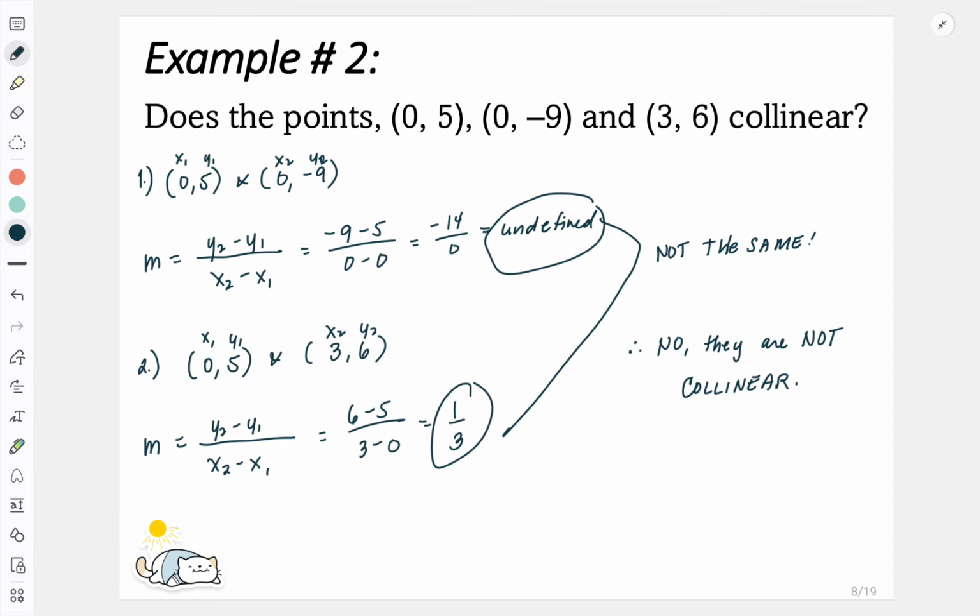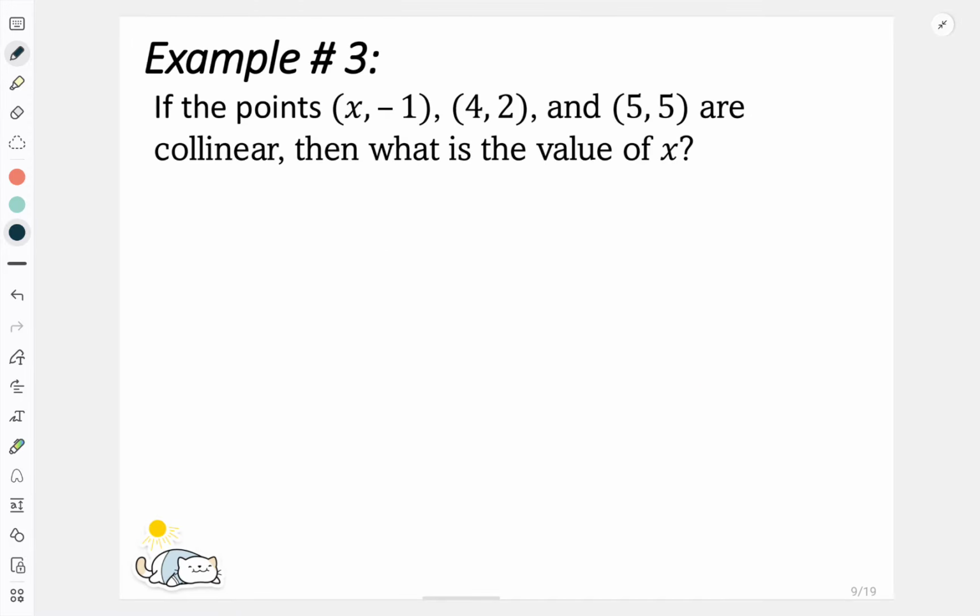Now, let's have the last example. For the last example, you have a set of 3 points, but the x coordinate of one point in these 3 points is not given.